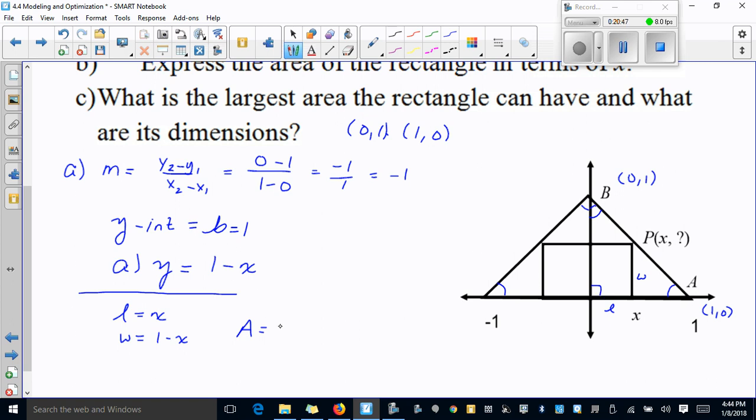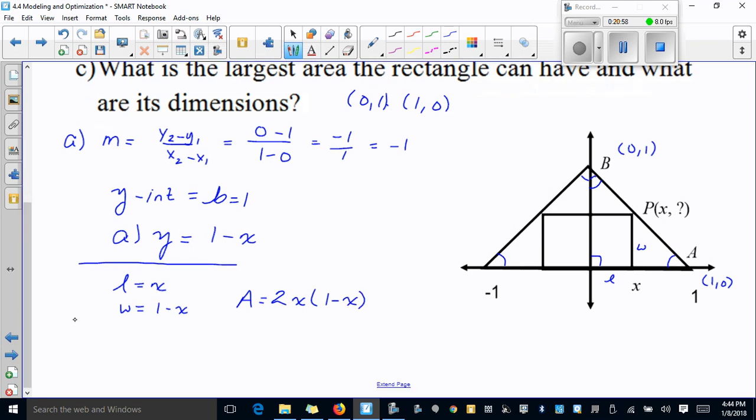So I actually have 2 times x times (1 minus x). There's the area of our rectangle in terms of x. Part B, done. Now we can express this a little bit differently by writing it as 2x minus 2x squared.